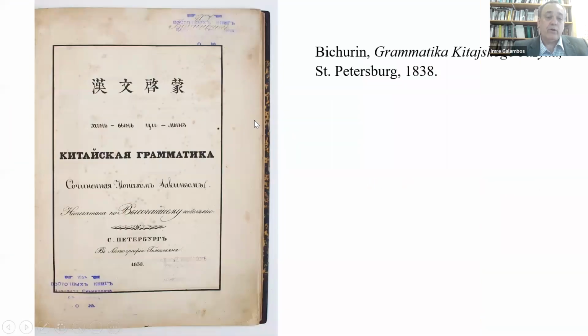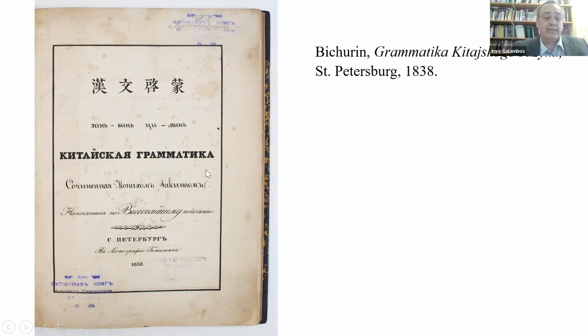So before turning to the Jesuits, I looked, for example, in Russian, and you have this famous book by Nikita Bichurin. He was a monk, also known as Hyacinth. That was his monastic name. And he has a book called Грамматика китайского языка, the grammar of the Chinese language. He uses the Chinese title, Han Wen Qi Meng, and he borrows this from the French sinologist Abel Rémusat, who uses the same Chinese title.